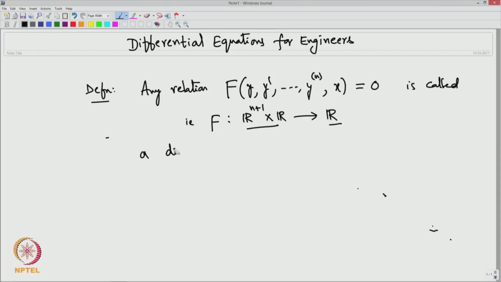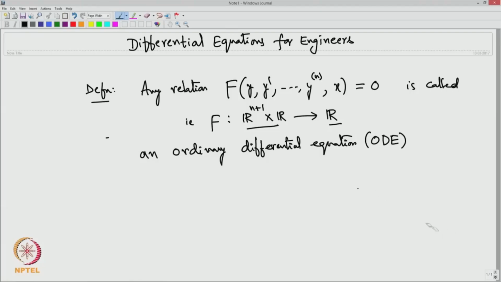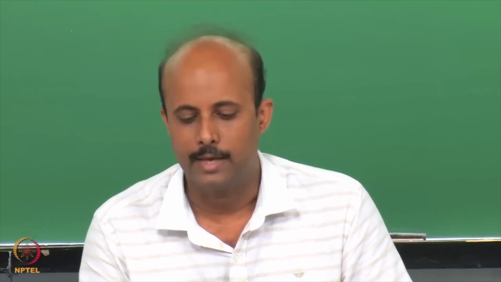It is called an ordinary differential equation, or ODE. Now onwards we call it ODE. Why is it ODE? Because you have one independent variable x.